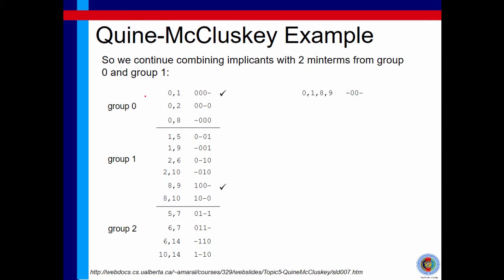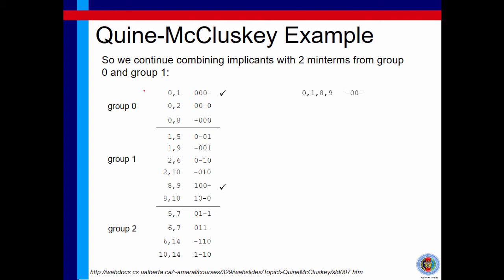Then after this, we are not going to show you the detail of each comparing and merging of implicants into larger implicants, because this will make the video very long unnecessarily, but we will show you each step where we find the smaller implicants that can be combined to become bigger.